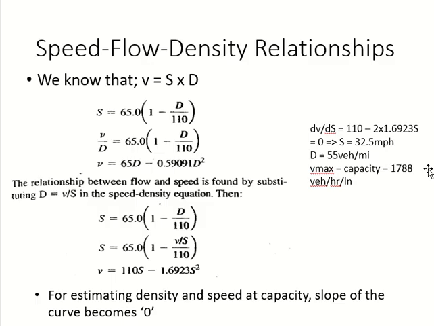Half of critical density? No, the critical density is half of jam density. Okay. So my jam density was 110 and you got critical 55 or 54.9. Like I said, it's approximate.